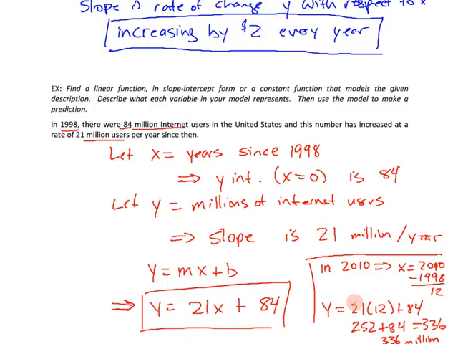Now that should tell you that the model is flawed and does not follow a linear trend, because there aren't that many people in the United States. But this is the correct equation. It's correct for the model, but the fact that it's not a reasonable answer tells us that this may not be the best type of model for this particular scenario.